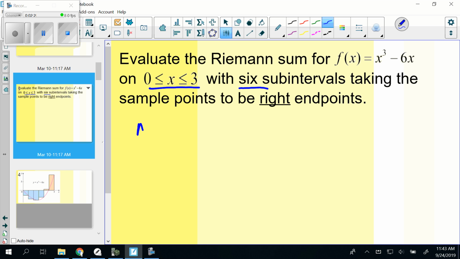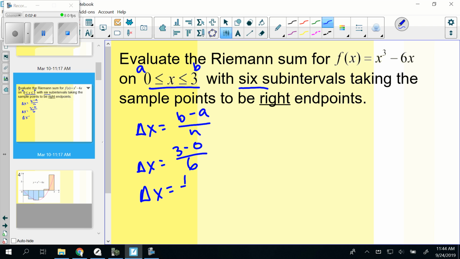So our change in x is always going to be those two endpoints, a and b here. If we subtract them, that would give us a distance of 3 over how many of these subintervals you're doing. So here it's going to end up being 3 minus 0, or 3 divided by 6, or each of these rectangles should be 1/2 wide.